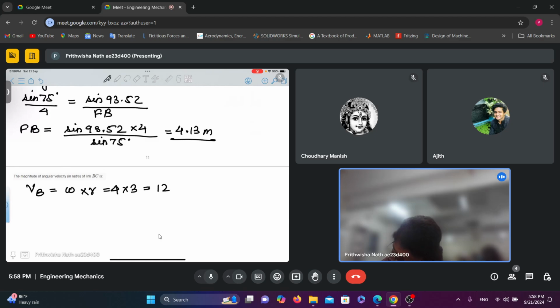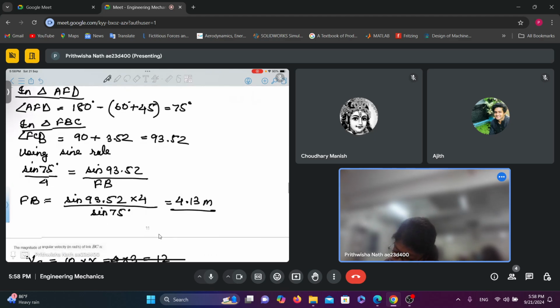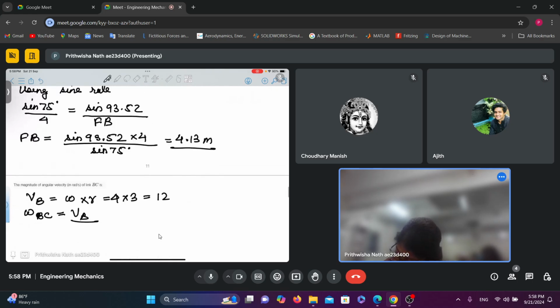Now you need to calculate the angular velocity of the link BC. So omega BC is vB by this distance which you calculated, right? So FB. So 12 by 4.13 is nothing but 2.91 radians per second.